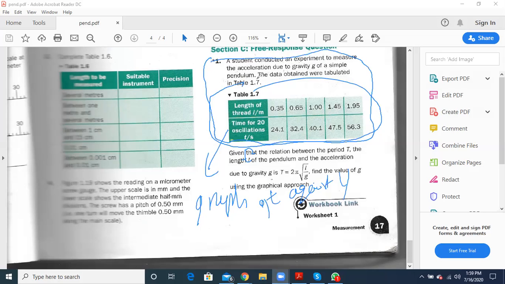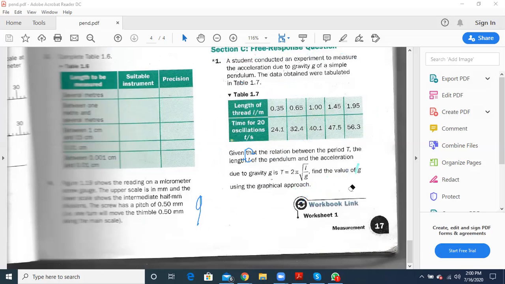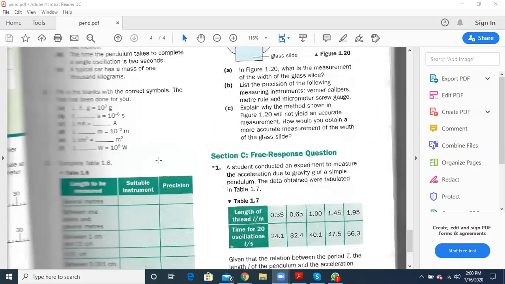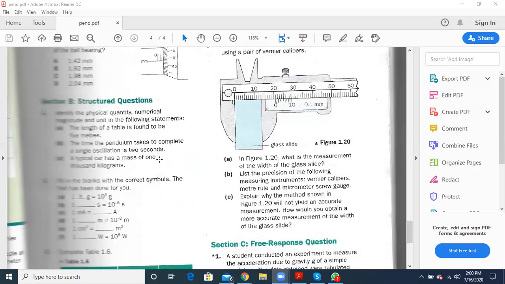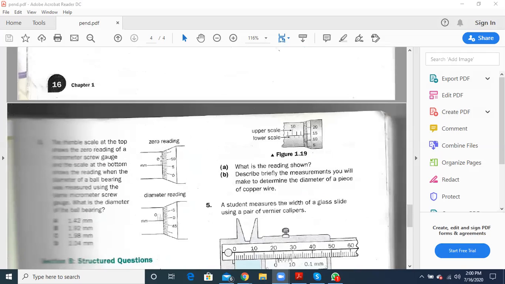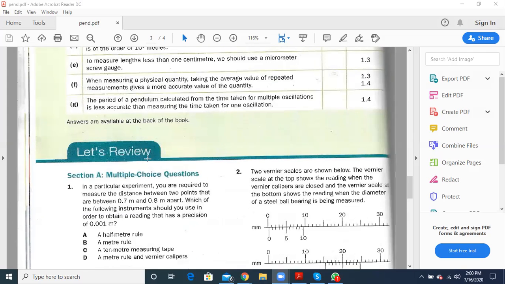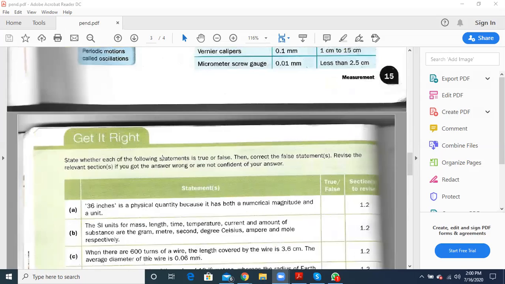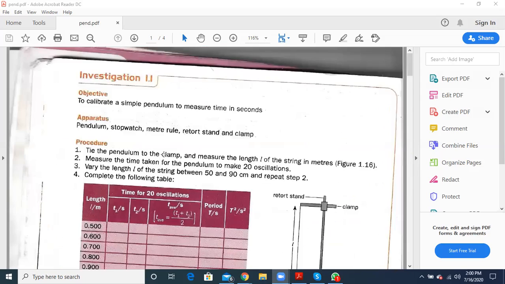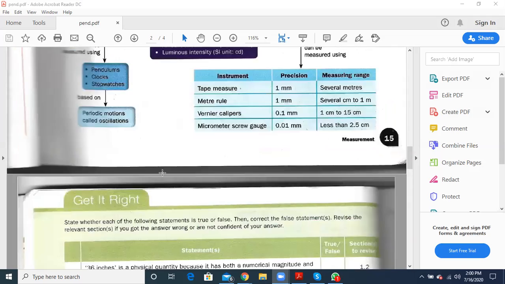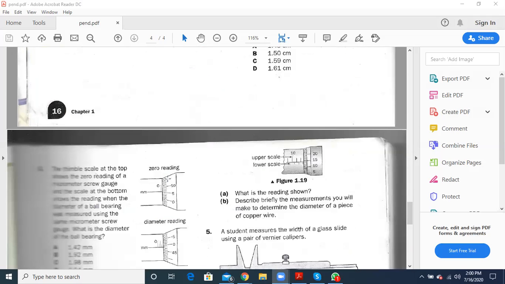Okay. So any question regarding this topic? Any problem? No. Okay. Can you give me a summary of this chapter? What was the first topic we started from? Physical quantity. Okay.